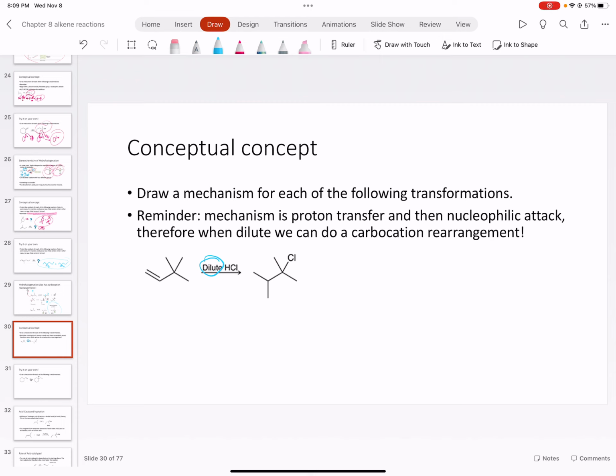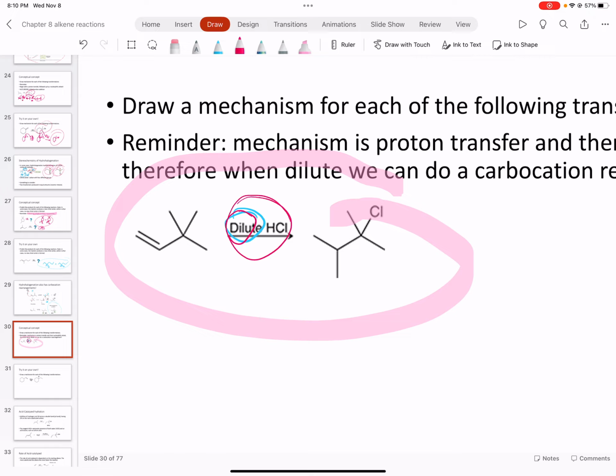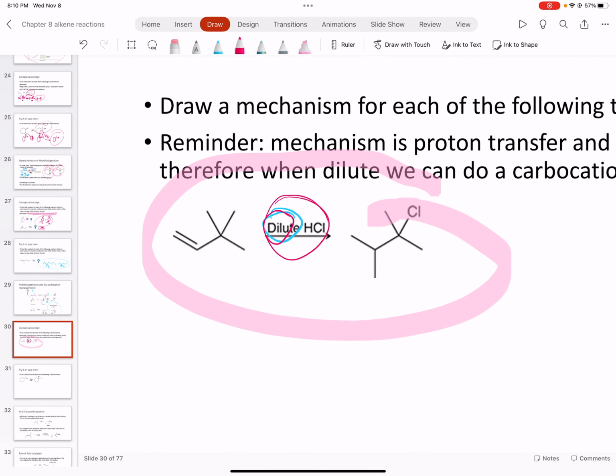So we can either draw the mechanism, or on your little notes that you're doing right now, you can say this is when we have reagents like dilute HCl. We're technically just doing the same thing, but now we have to consider carbocation rearrangements. On the other ones, we technically didn't consider carbocation, but on this one we do because it's dilute. So then you already technically know how this works.